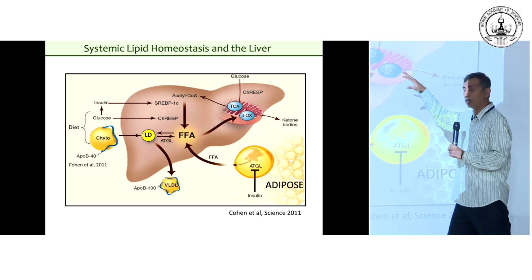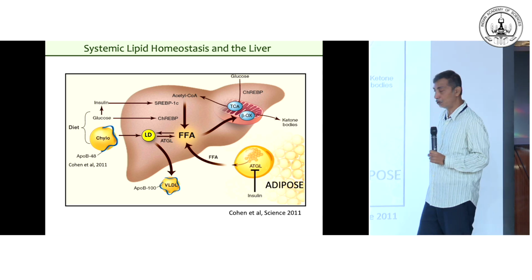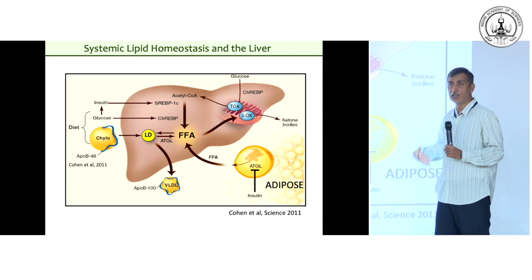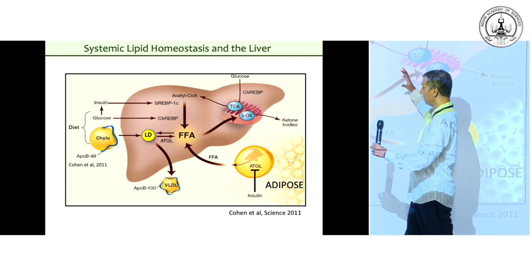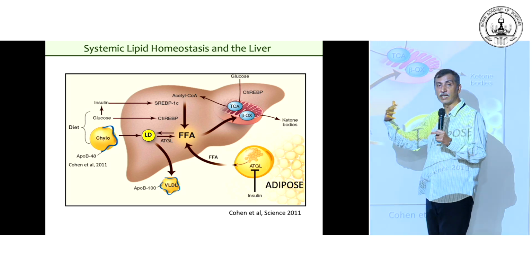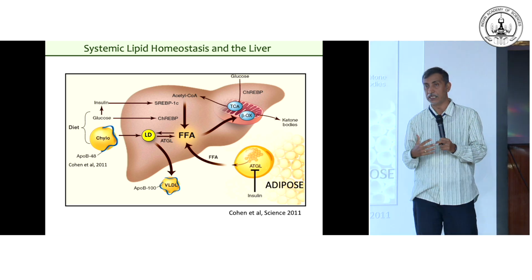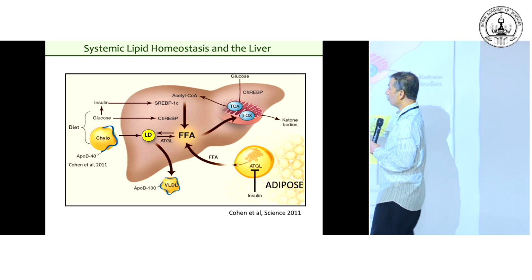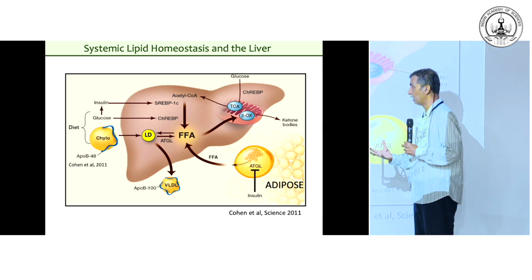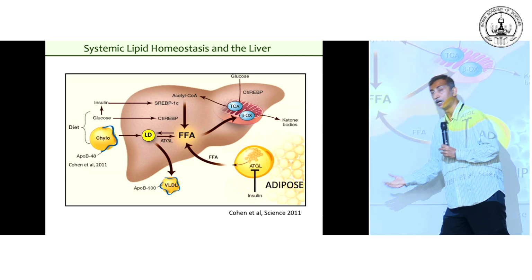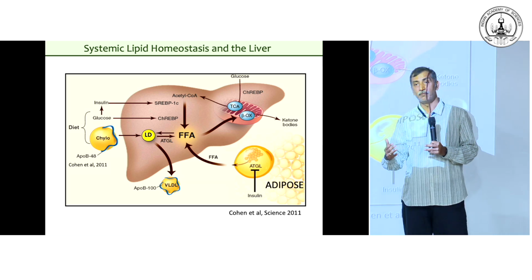The fat in your adipose tissue, depending on whether you have eaten or not eaten, will also ultimately go to your liver. The liver takes this fat input from all places in your body, integrates it, stores it in lipid droplets inside the cells of the liver, and releases this fat out into your bloodstream in a very controlled manner.